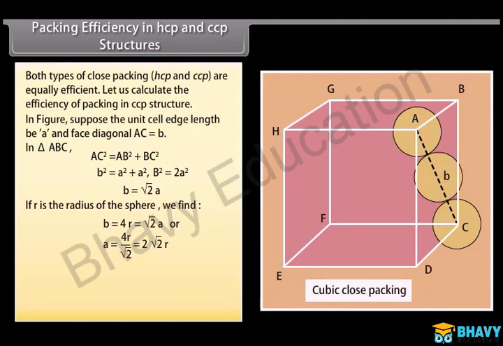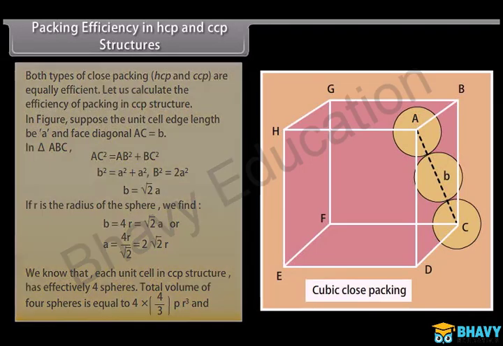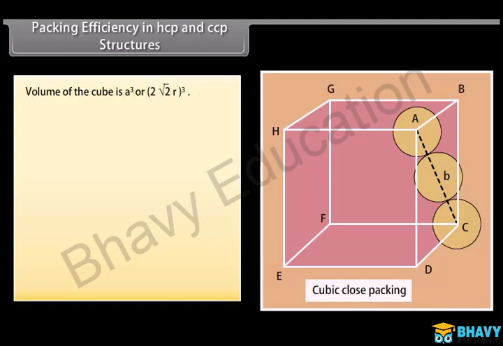We know that each unit cell in CCP structure has effectively 4 spheres. Total volume of the 4 spheres is equal to 4 × 4/3 πr cube, and volume of the cube is a cube or (2 square root 2 r) cube.